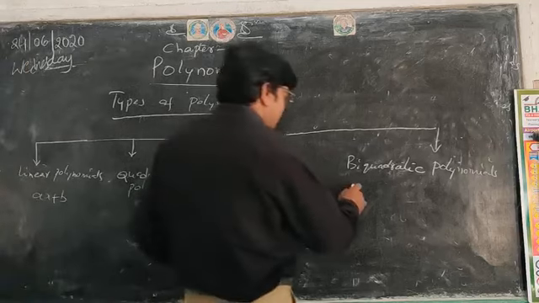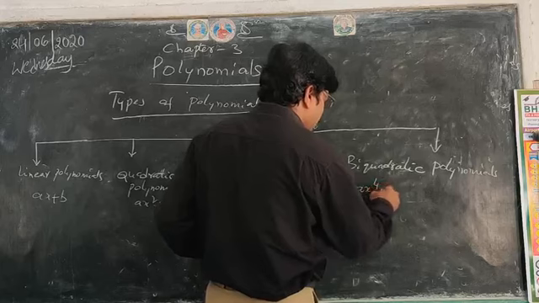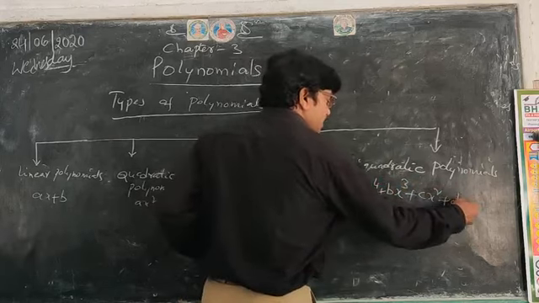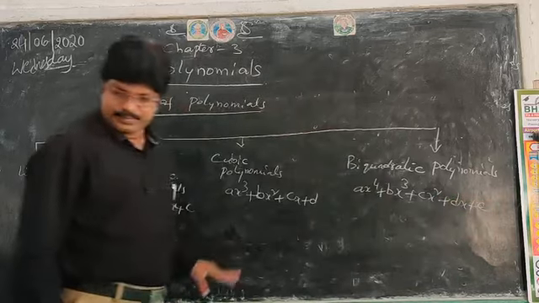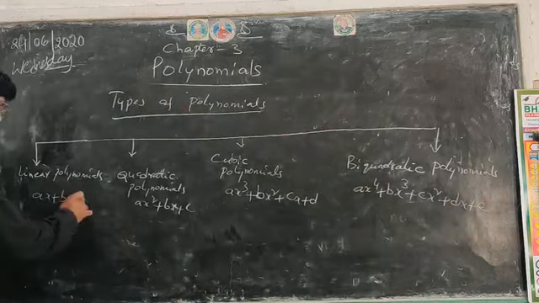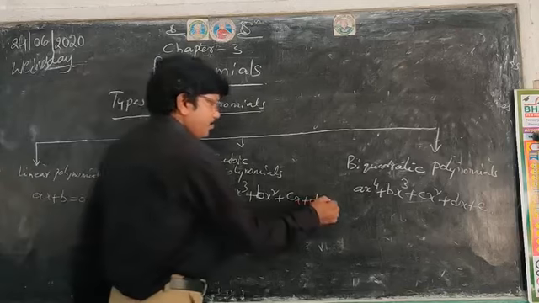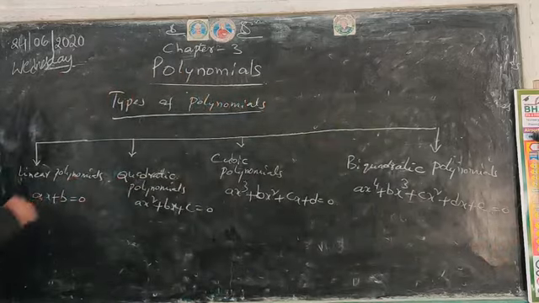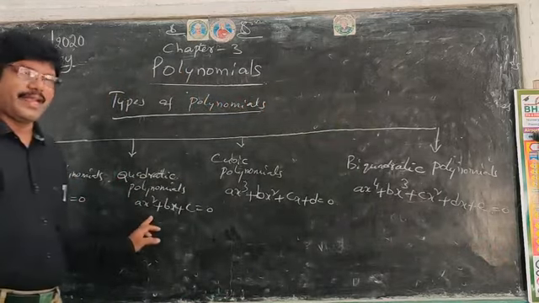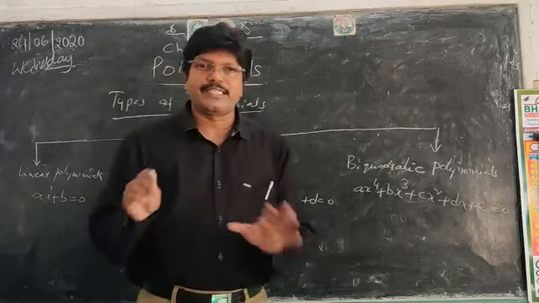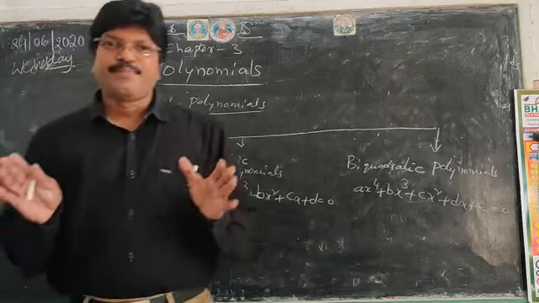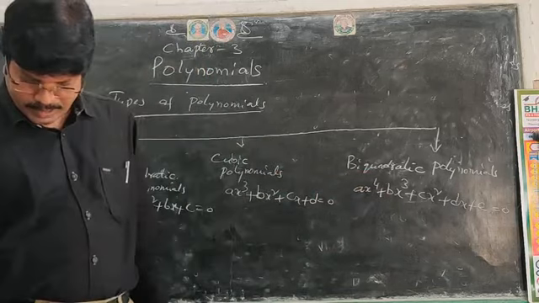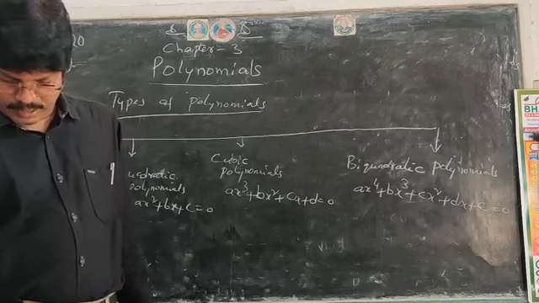And biquadratic: ax power 4 plus bx cube plus cx square plus dx plus e. Of course, if we put 0, no problem. Linear means x power 1, quadratic x power 2, cubic x power 3, biquadratic x power 4. These are the polynomials. The monomial, binomial, like that.